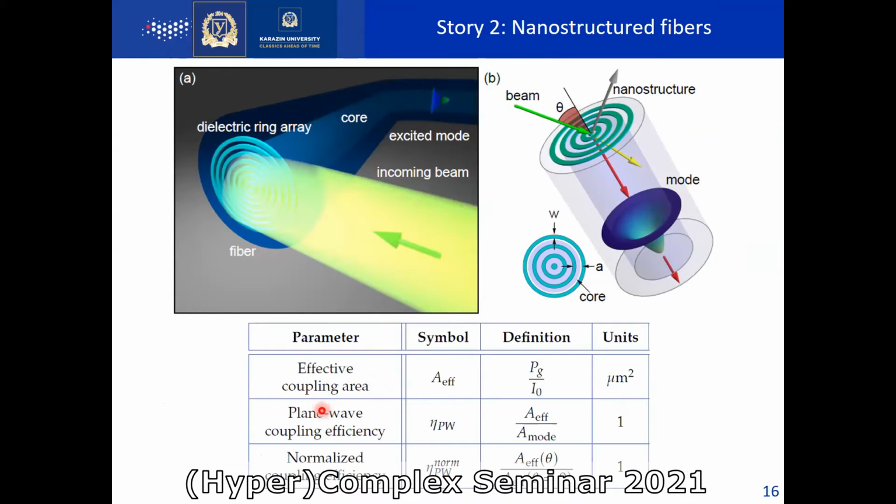We define the effective coupling area as the ratio of power of the guided mode measured inside the fiber to the intensity of the incident light. And the plane wave coupling efficiency is the ratio of this effective coupling area to the area of the mode, which is given in the passport of the fiber, but in practice is slightly larger than the area of the core.